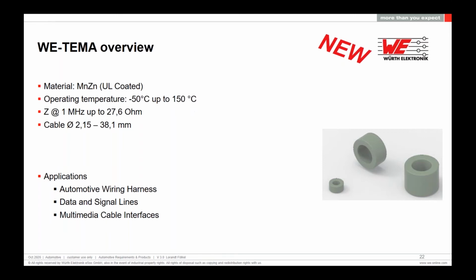Now, if you have even less than 1 megahertz and lower kilohertz frequencies, you could still use manganese zinc with maybe 5 to 10 turns, but this is not so possible in mass production when you have wiring harnesses for cars. It is sometimes not optimal.